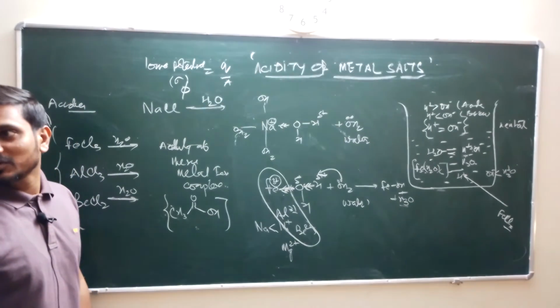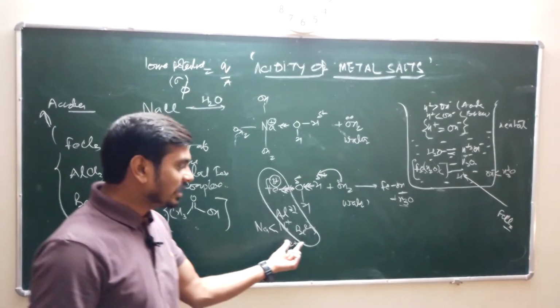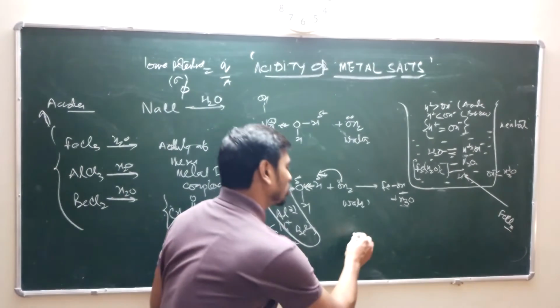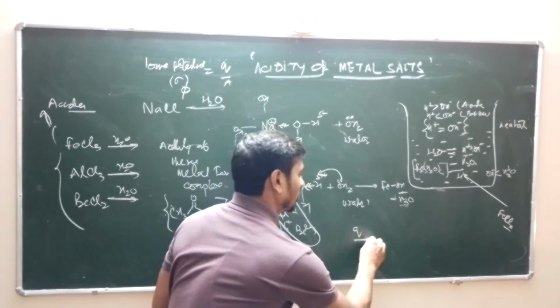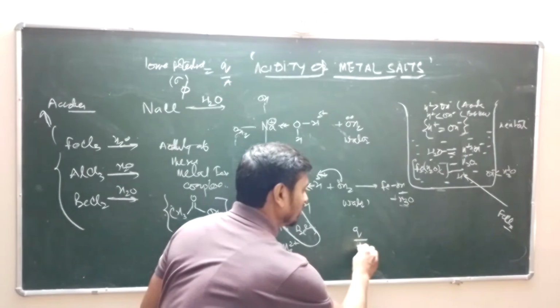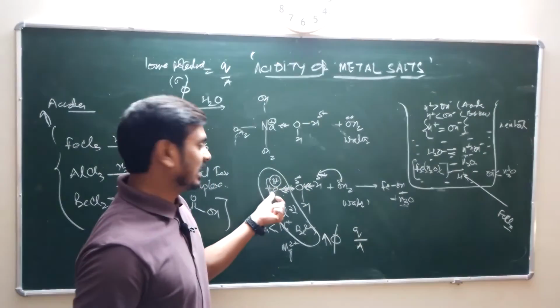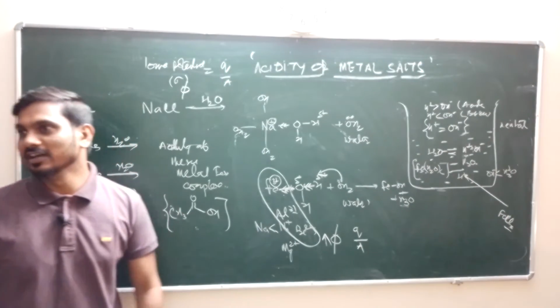Now it is clear to you. Although in the case of beryllium the charge is quite less, the size is much smaller. So this phi is higher than in the case of iron.